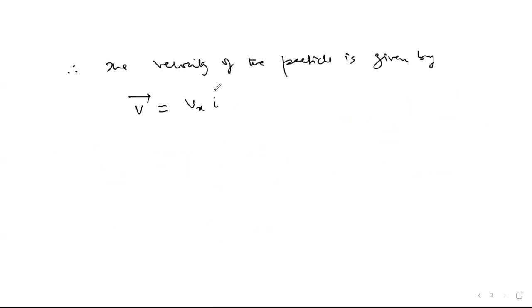Therefore, the velocity vector of the particle v will be Vx i cap plus Vy j cap. What is our Vx? It is 3t square minus 32 i cap plus our Vy is 10t j cap.